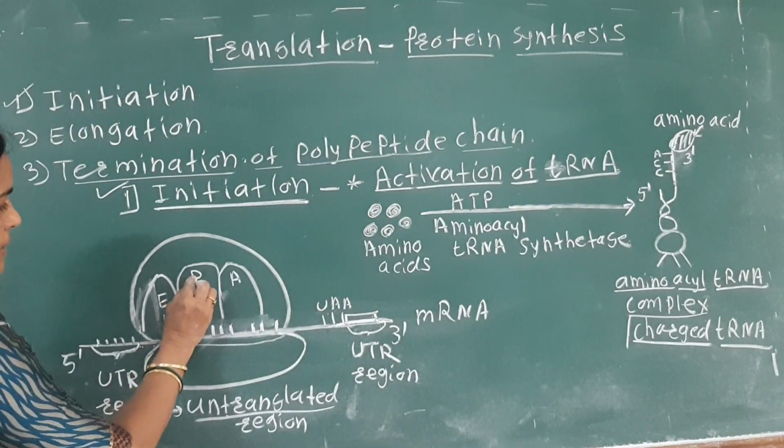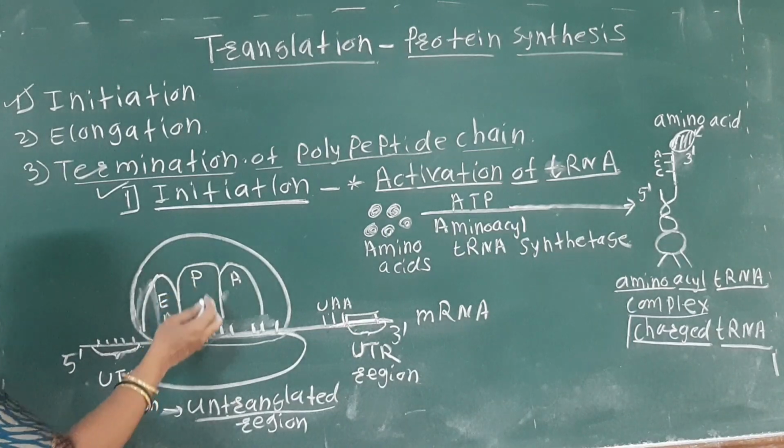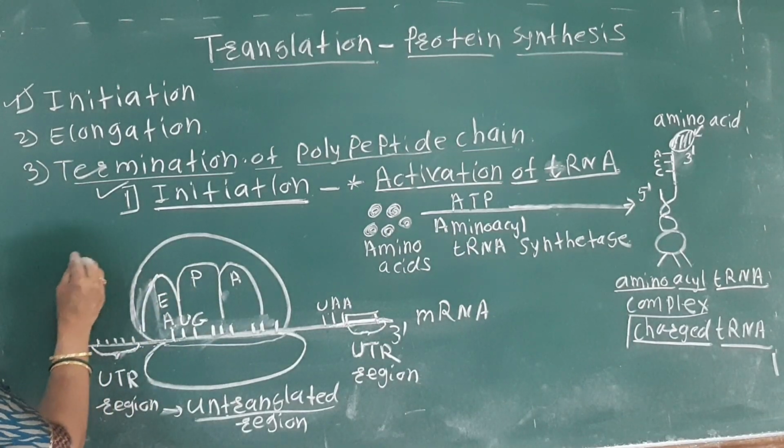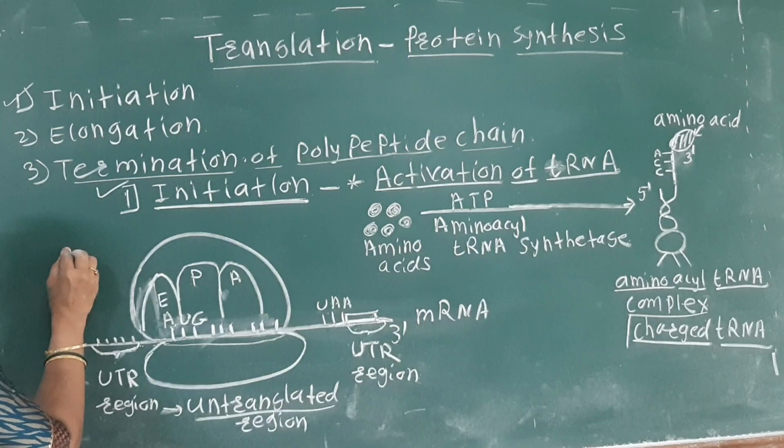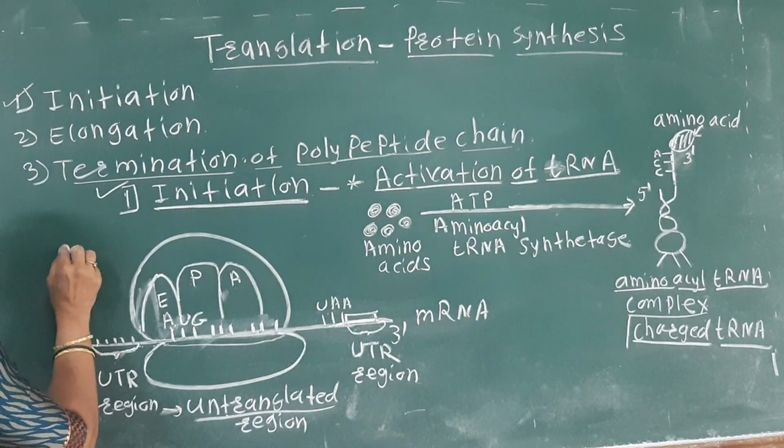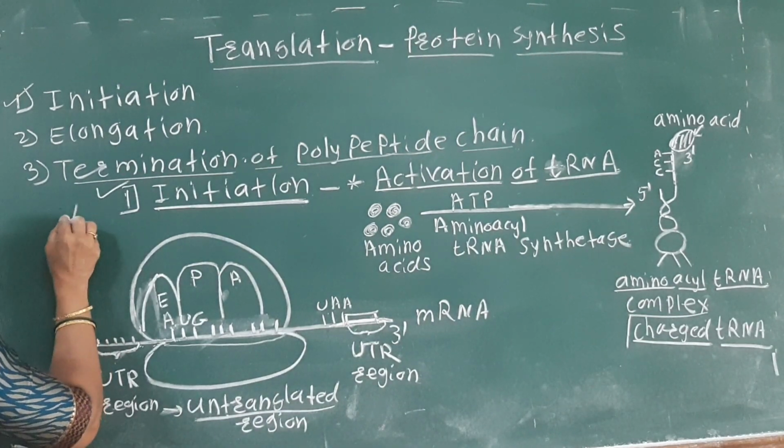See here there is the P site. This P site directly accepts the charged tRNA.